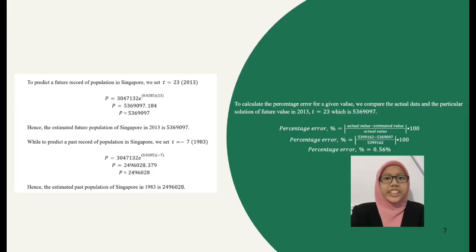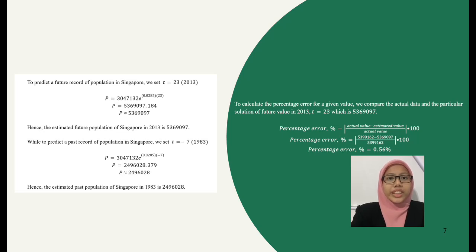Now, by using the general solution we arrived at, we can calculate the estimated past or future total population in Singapore. To predict a future record of population in Singapore, we set t as 23 when the year is 2013, which we then calculate and found the estimated total population in 2013 to be 5369097.